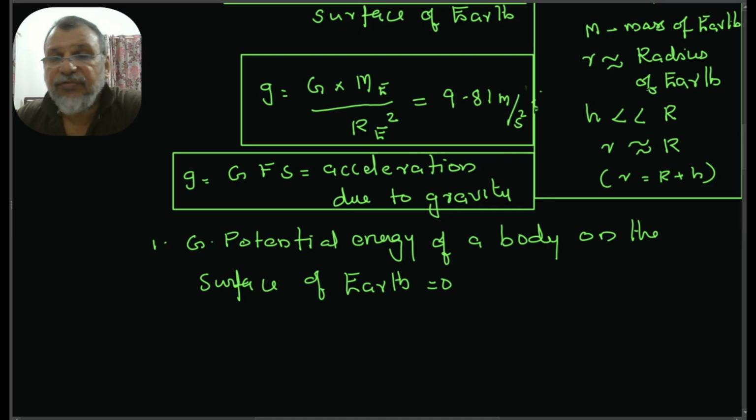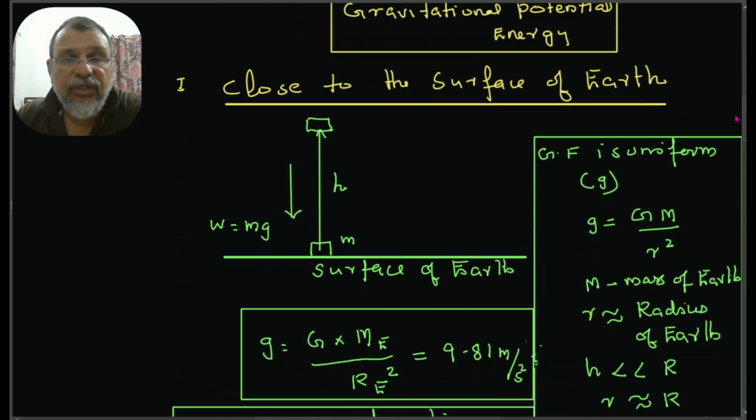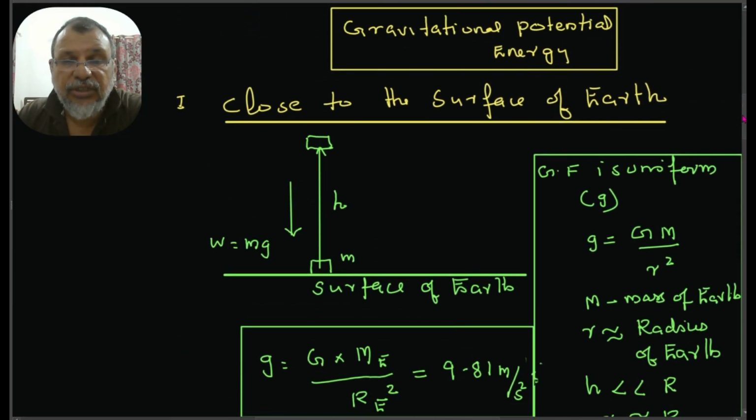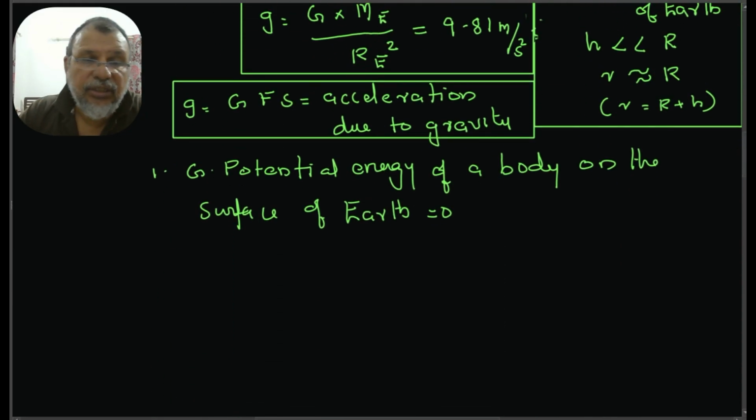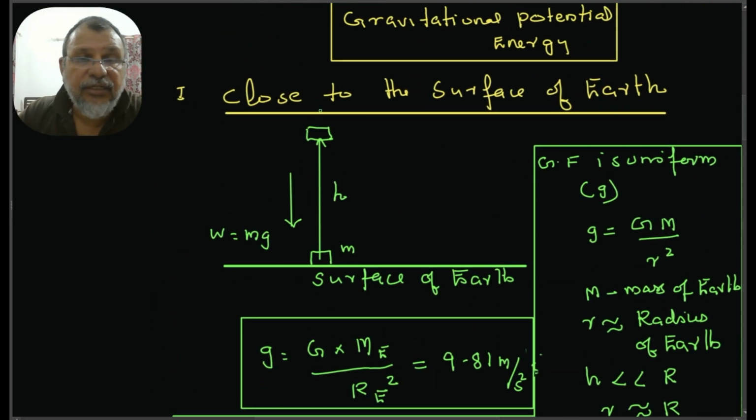So if you're talking about the motion of a body close to the surface of Earth, gravitational potential energy on the surface of Earth is taken as zero. You can write here: at the surface of Earth, gravitational potential energy of all bodies is taken as zero.